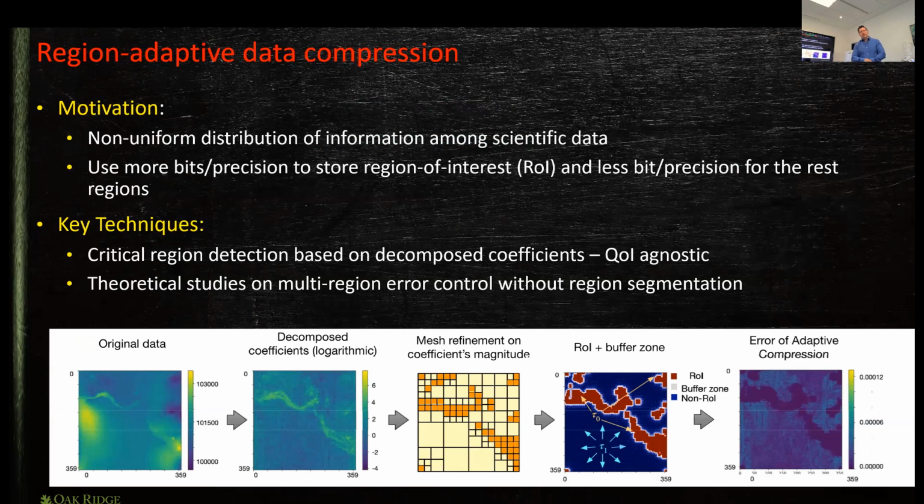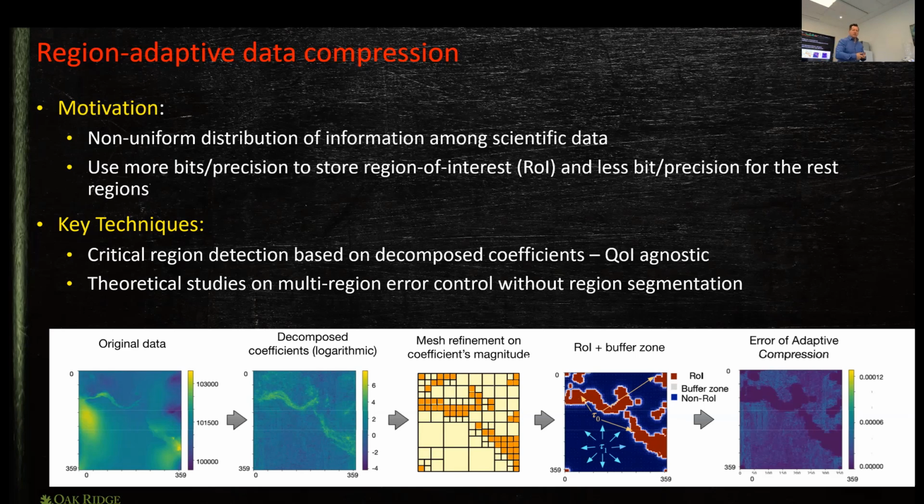And one of the things that we found, and again, I take analogies from adaptive mesh refinement, is that there are going to be areas, like if you look at the graph on the bottom of the screen, where it says original data, there are some really sharp contours in the data and others which are kind of large. When you look through MGARD, which I talked about, it produces these coefficients. And what's interesting is where the coefficients are large, you can say that's where I need higher accuracy.